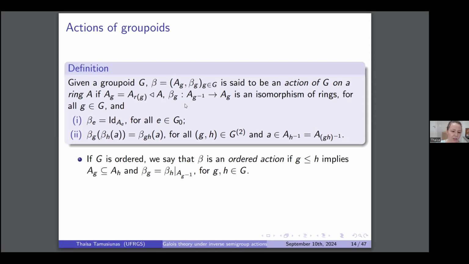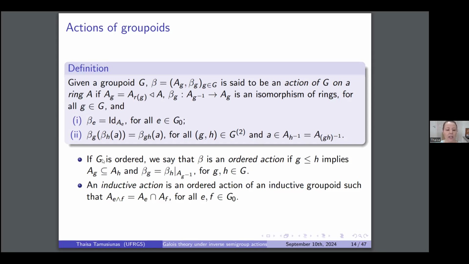If, in addition, G is an ordered groupoid, we say that beta is an ordered action if g less or equal than h implies that the ideal A_g is in the ideal A_h, and beta_g is equal to beta_h restricted to the domain of beta_g.